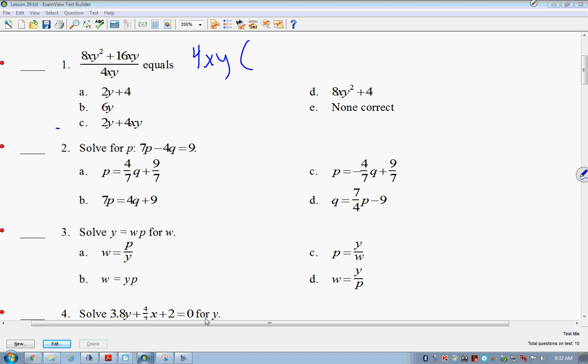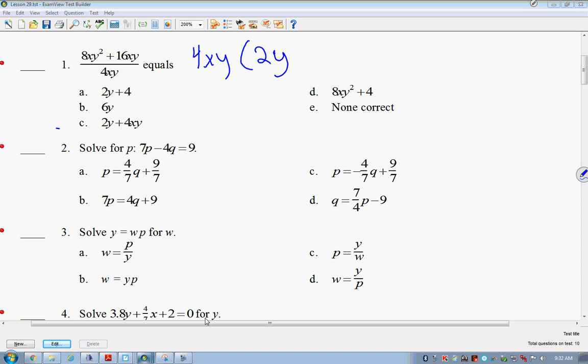So now we're looking at division. 8xy squared divided by 4xy. Well, what's 8 divided by 4? 2. And xy squared divided by xy is only going to leave me with what? Actually, the x gets rid of the x, and so we're only left with one y. Now let's look at the 16.